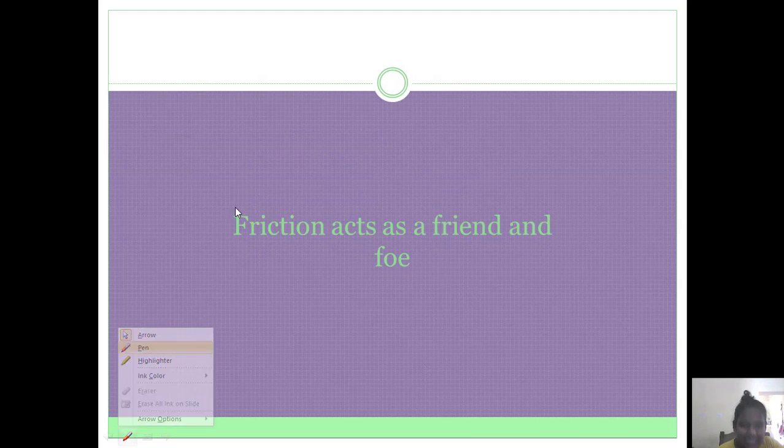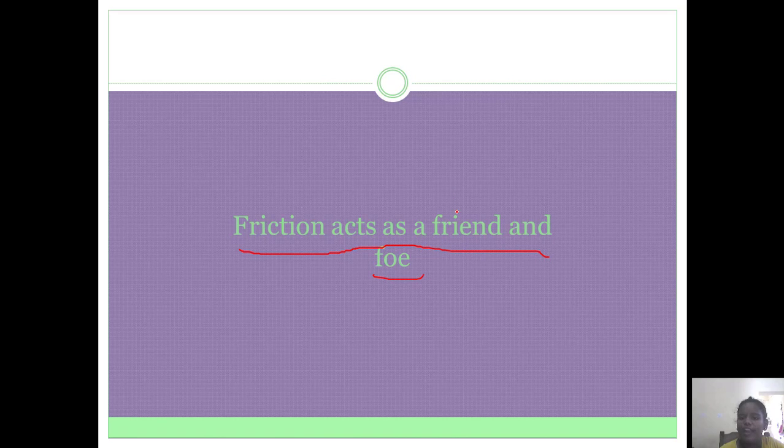In this video we are going to justify the statement that friction acts as a friend and foe. Friend means a good person who thinks of you, who gives some advantages. Foe means enemy. So friction has advantages and disadvantages.